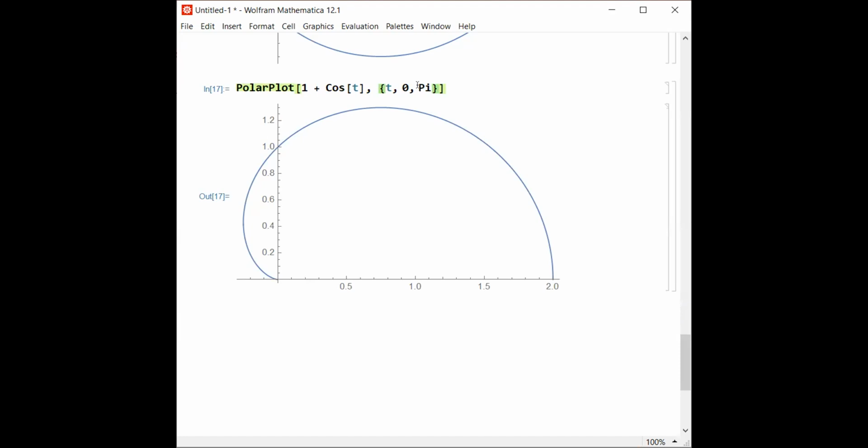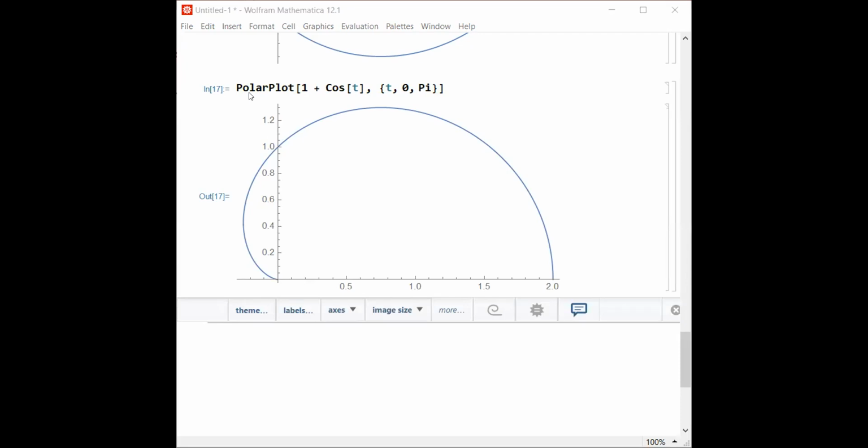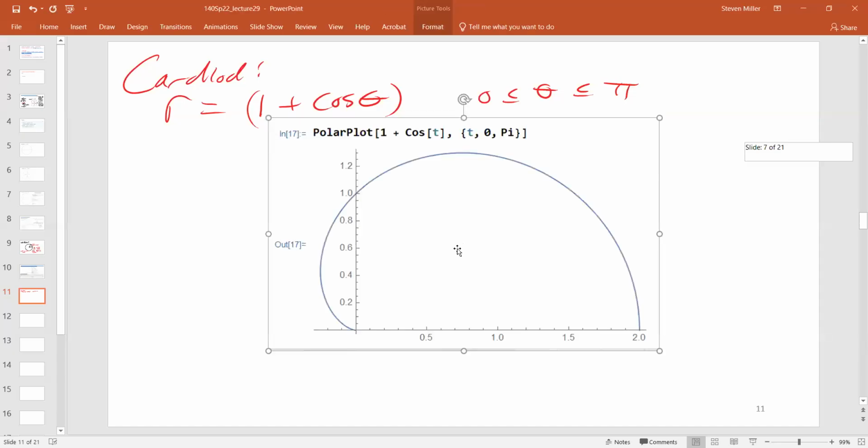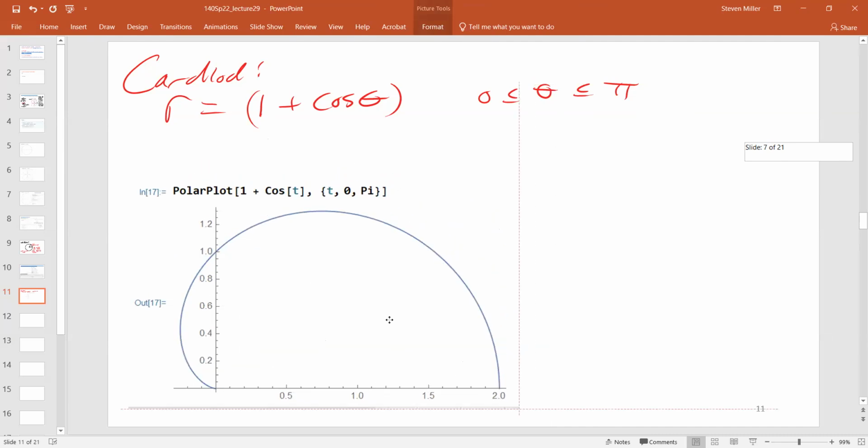It's symmetrical, and so I could just multiply by 2. So maybe I'll do that. So here's my picture. Here we go.